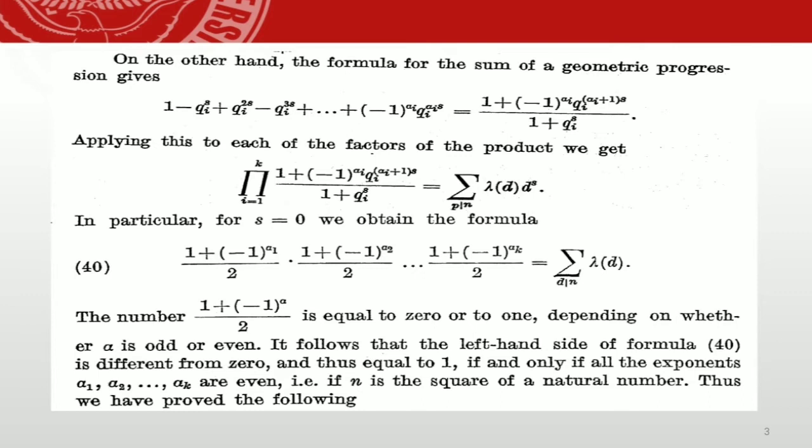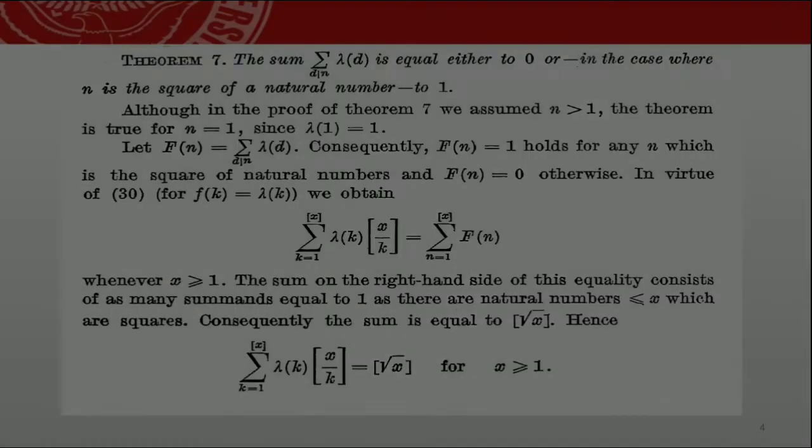It follows that the left-hand side of formula (40) is different from 0, and thus equal to 1, if and only if all the exponents a1, a2, and so on ak are even, that is, if n is the square of a natural number.